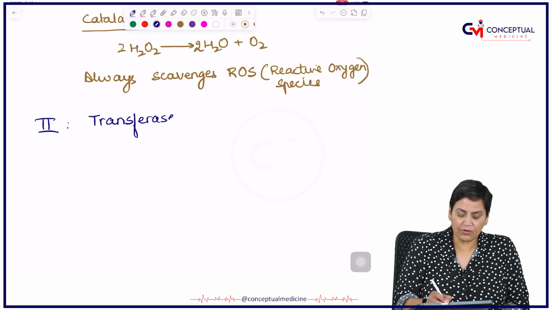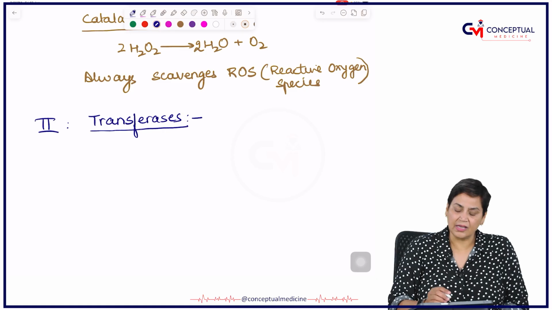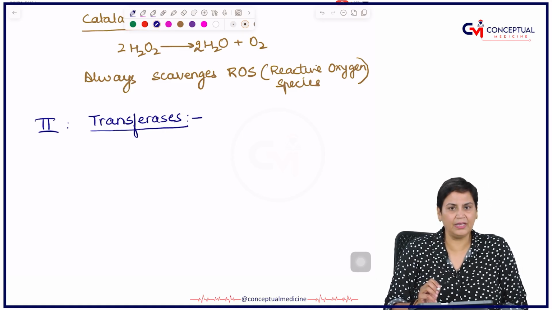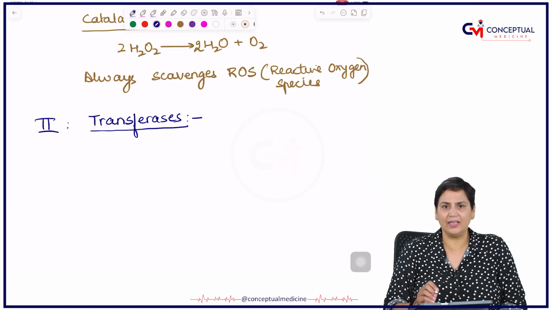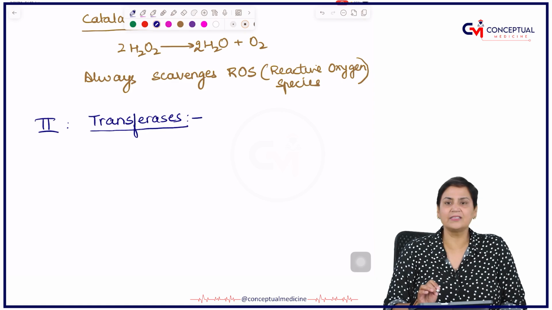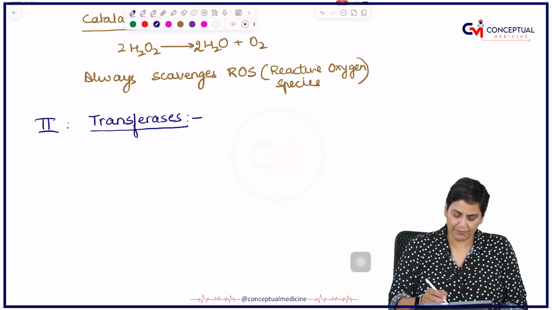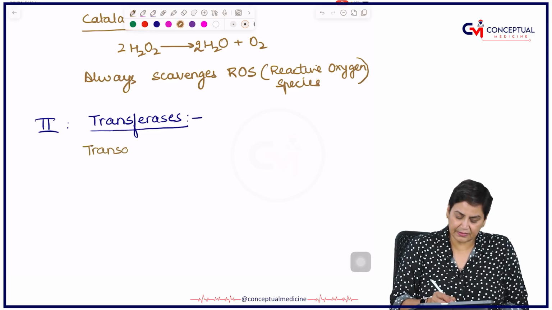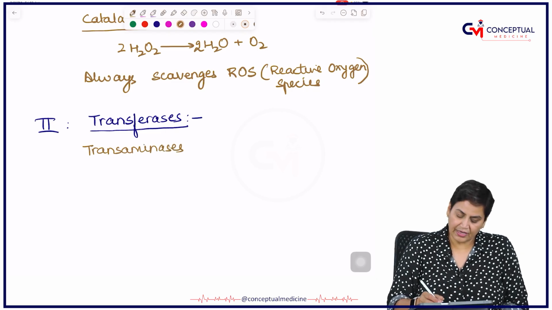Now it is clear from the word itself, there is a transfer. Trans. So transfer of anything, be it phosphate, be it amino group, anything which will be transferred, it will come under the class transferases. For example, transaminases, where transfer of amino group is there.